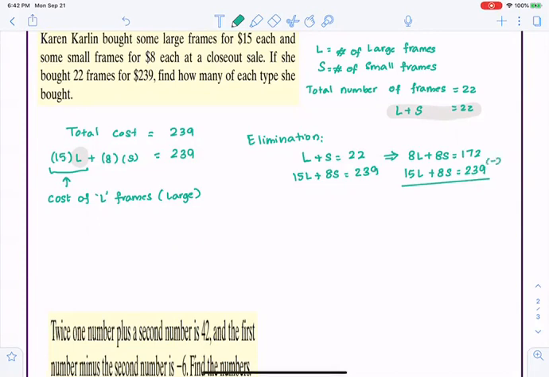And if I subtract the two, I would end up getting... if I did my multiplication right, 8 times 22 is 176. It's bad algebra. It's 176.